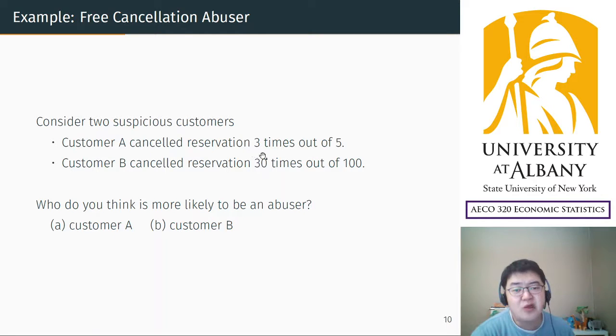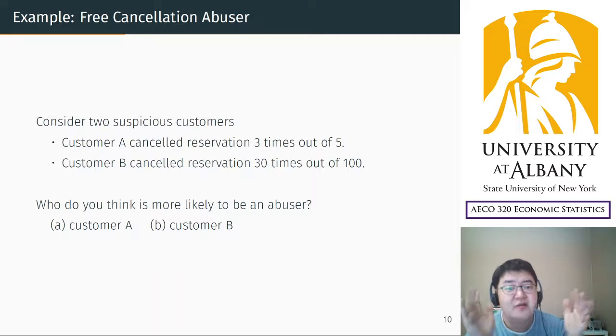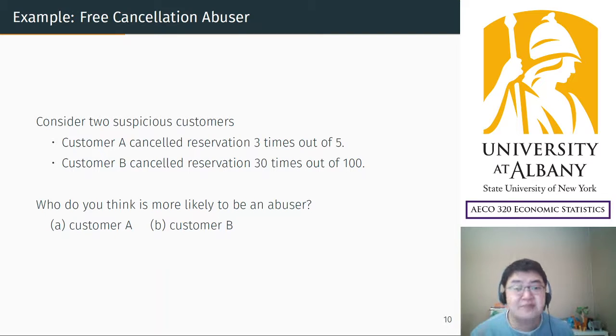The intuition is like this. When the sample size is small, when you have a small number like 5, you can be unlucky. It may happen by your bad luck. It's plausible. But when you repeat the experiment a larger number of times, like 100, bad luck cannot explain the randomness.